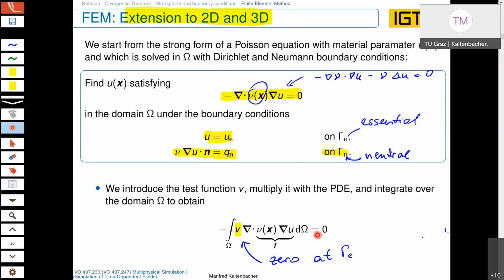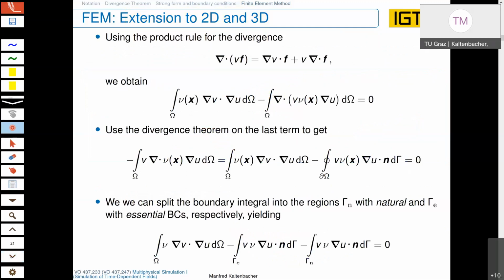So what you see here now, in order to make the next step clear, the material parameter multiplied by the gradient of u is any vector f. And then you see, actually, we have the divergence of a vector f, and that clearly gives us the idea that we will use the integral theorem of Gauss, or divergence theorem.